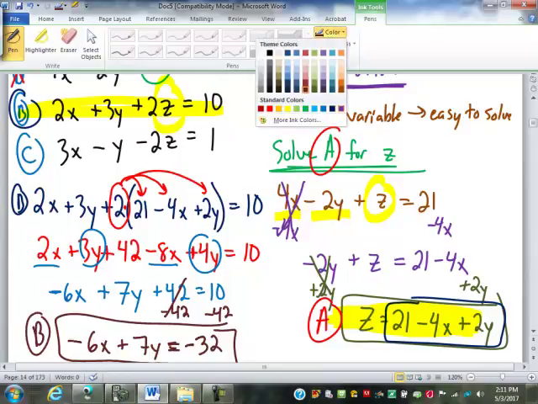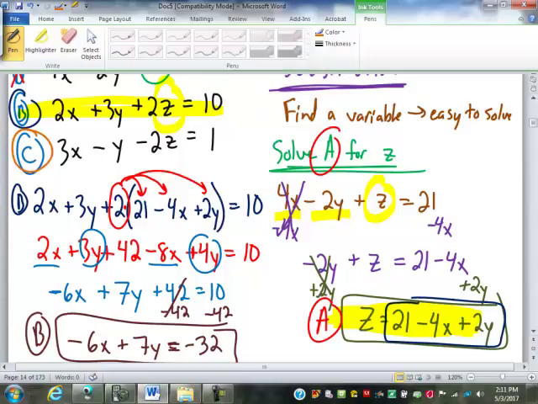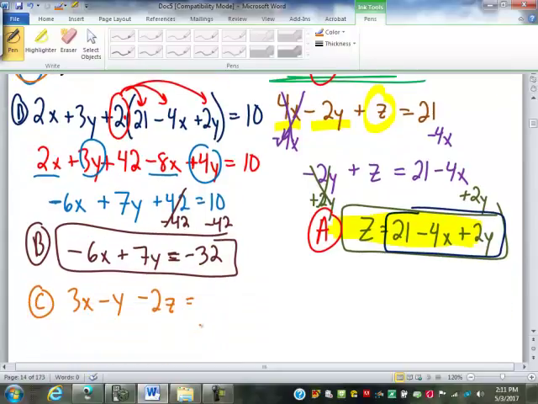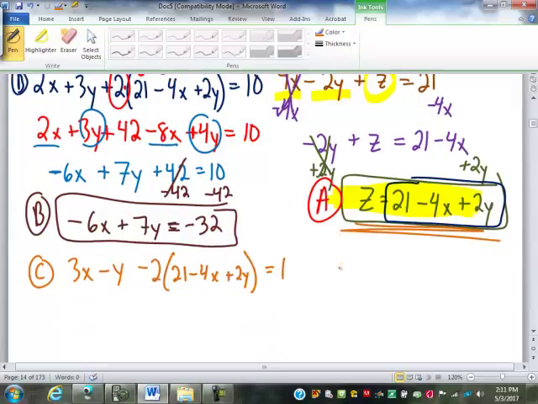So the only equation I haven't used yet is equation C. So that's going to be the next one I have to use. So equation C is 3x minus y minus 2z equals 1. Only I've got to replace the z here with 21 minus 4x plus 2y. Now that equals 1. Just like up above, there's nothing I can do inside the parentheses here, so I have to distribute.